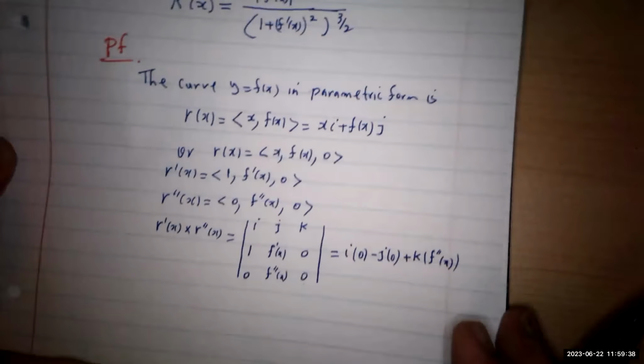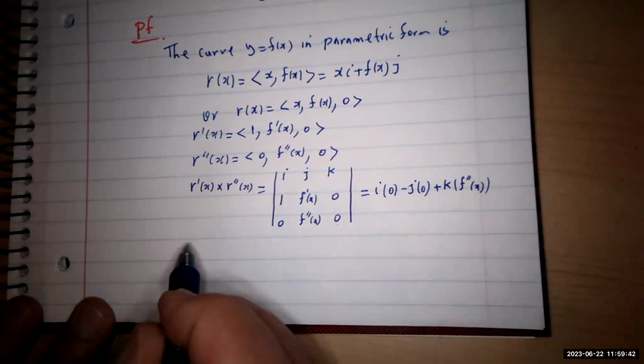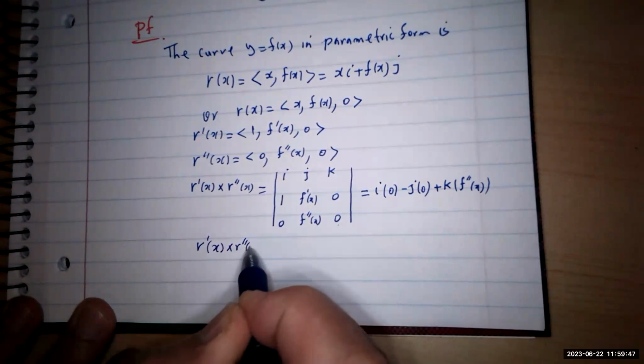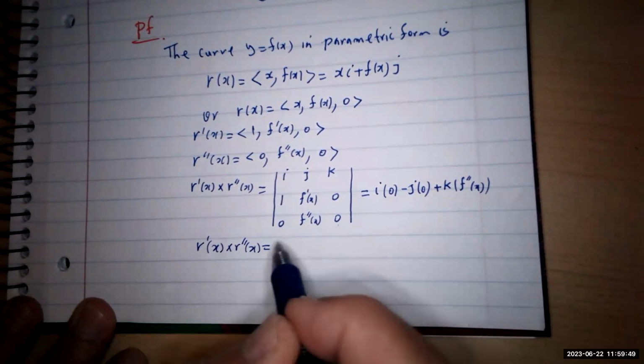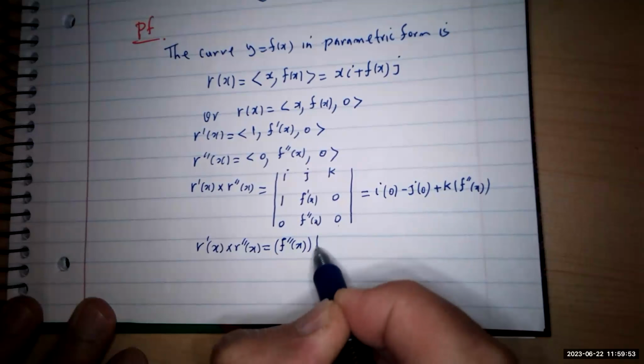So r prime of x cross r double prime of x is simply f double prime of x times k.